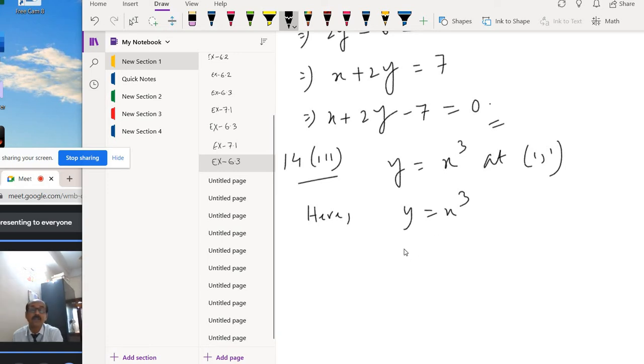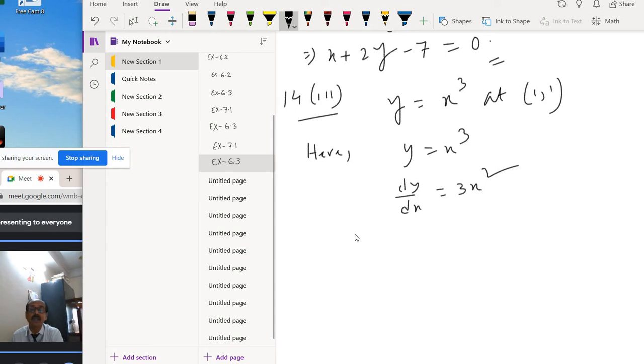So dy by dx is 3x square. Now at (1, 1), dy by dx, where x equal to 1, y equal to 1, is 3 into 1 square, equal to 3.